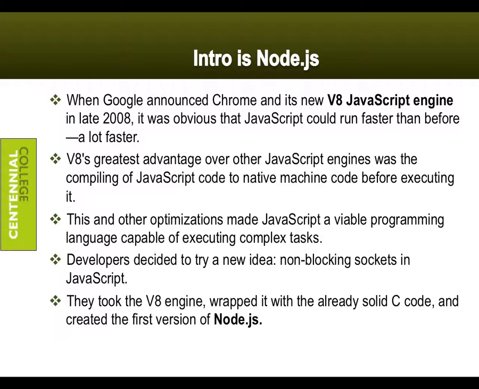And then once they did that, they had this idea of creating a non-blocking socket in JavaScript. Because remember how JavaScript works. If you put a JavaScript file at the top that links to the top of your file, what happens? It has to execute the JavaScript file before it runs the rest of the file. Before you go into the rest of the HTML file, you have to run this JavaScript file first.